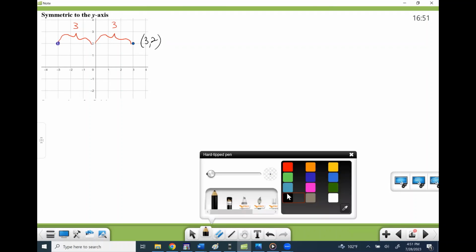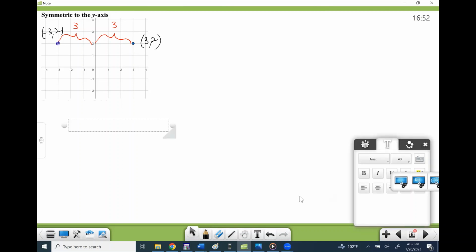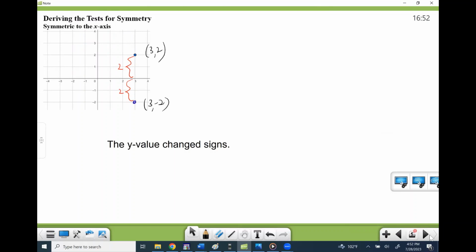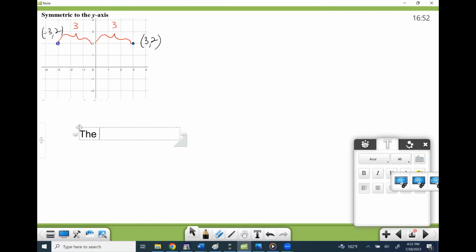Well, now the ordered pair is going to be -3, but still +2. So this time, instead of the y value changing, the x value changed. Let me look at the words we used last time so I remember. The y value changed signs. So this time we're going to say the x value changed signs.